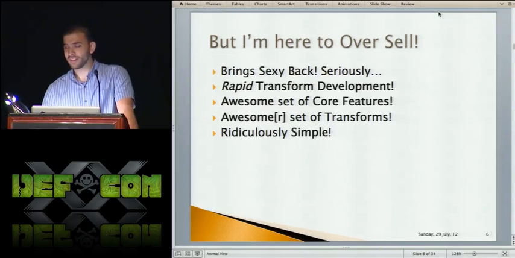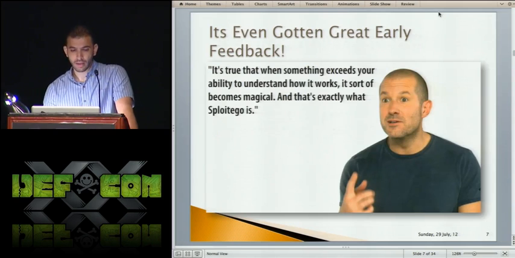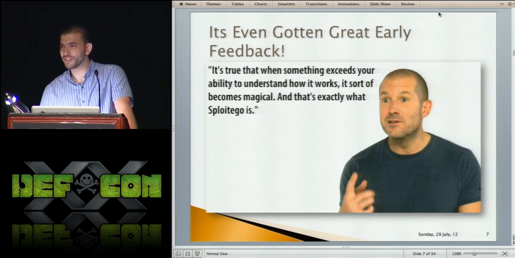You're going to see some of it today, hopefully. And it's ridiculously simple. So any of you can really pick up, if you know a little bit of Python, and make some really incredible transforms to create some really cool data visualization of your data. And we even got great early feedback from the designers at Apple. It's true that when something exceeds your ability to understand how it works, it sort of becomes magical. And that's exactly what Maltego is. I hope I'm overselling.